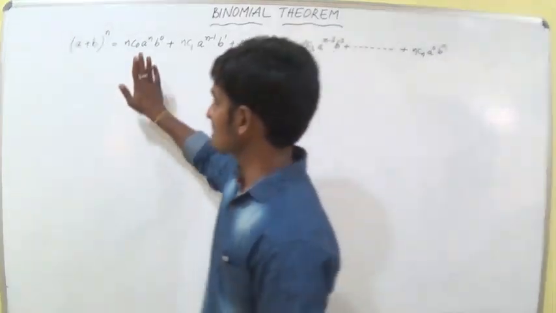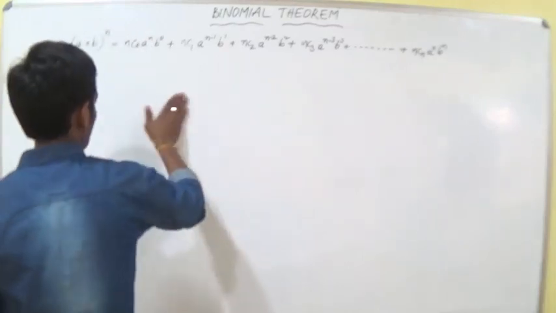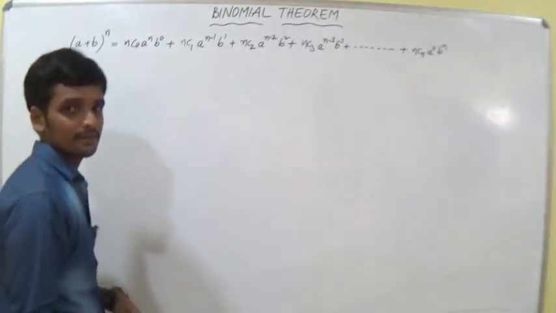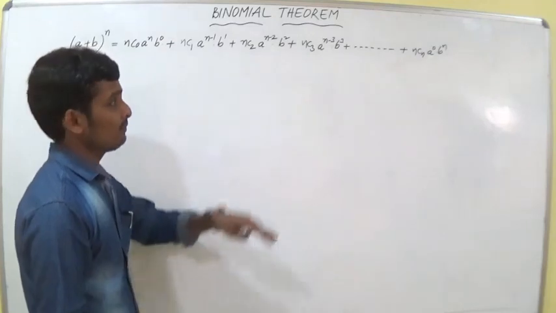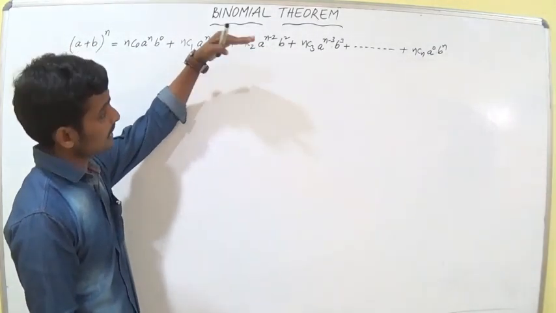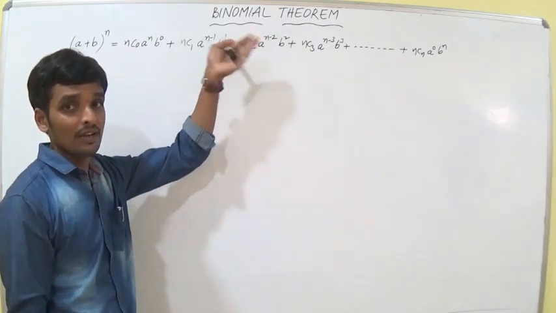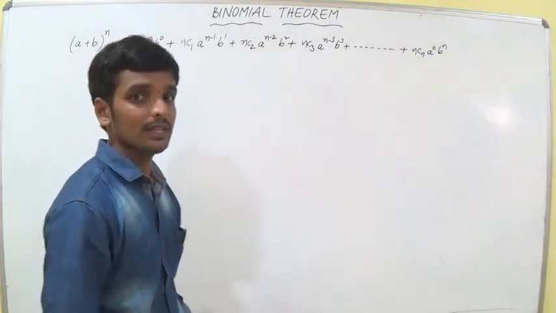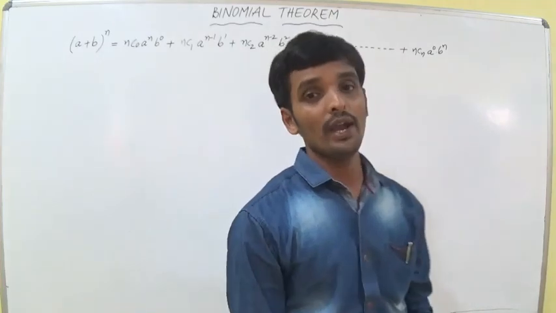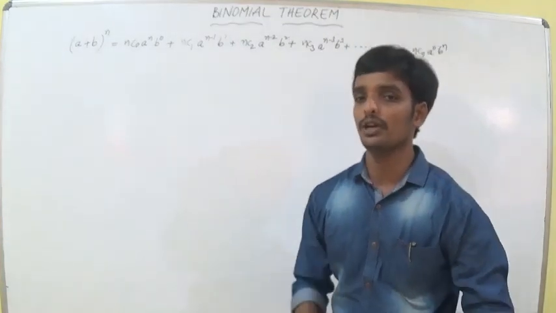Again, from this expansion we have to understand some more points. This expansion is the binomial theorem, and from this our chapter is the binomial theorem. From this expansion we have to observe some more important points.